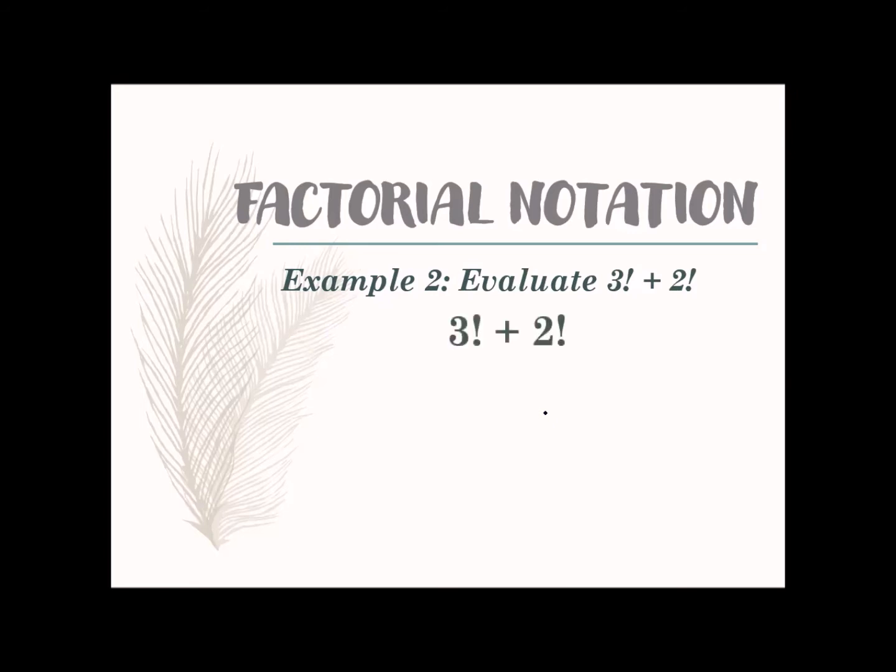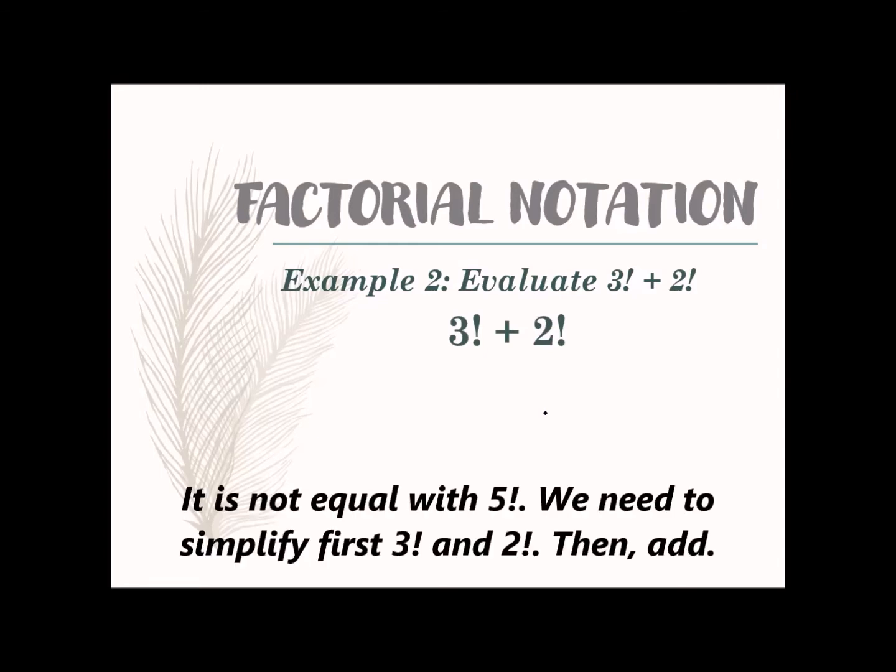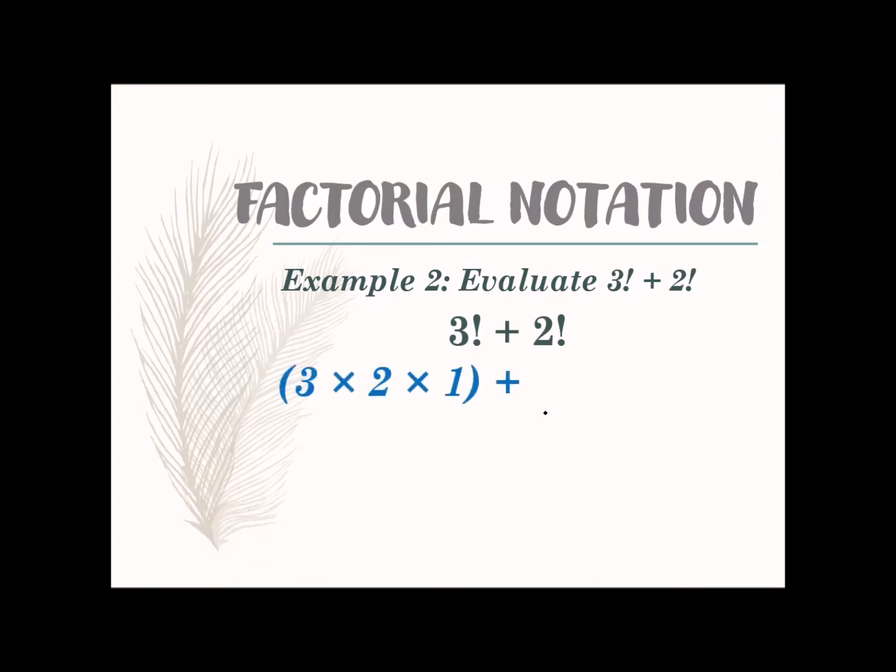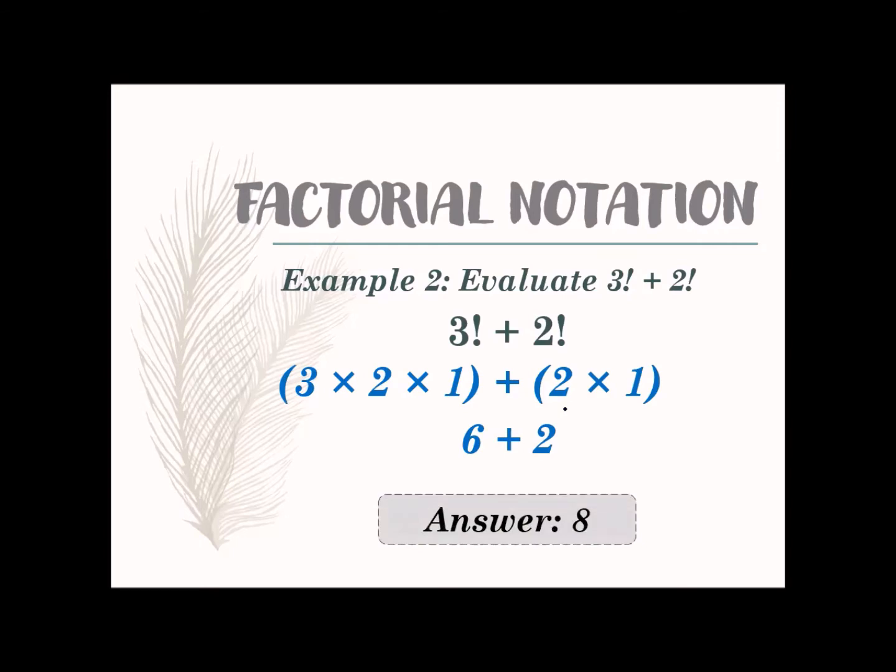This is not simply 5 factorial, because 3 factorial has a different value and 2 factorial has a different value. If we expand this, 3 factorial is 3 times 2 times 1, plus 2 factorial, which is 2 times 1. Then simplify each term. 3 factorial is equal to 6 and 2 factorial is equal to 2. Simply add those two addends, and we will have 8.